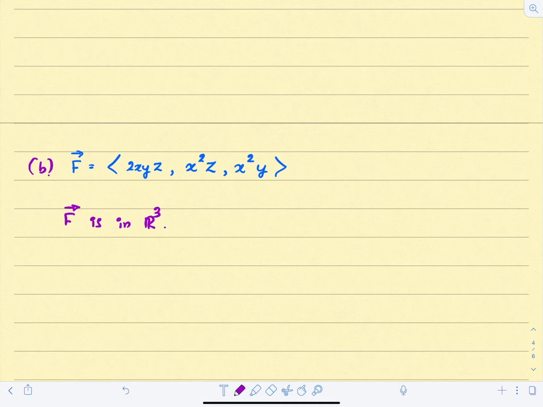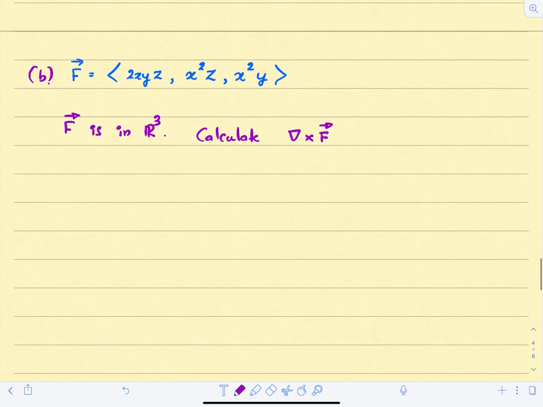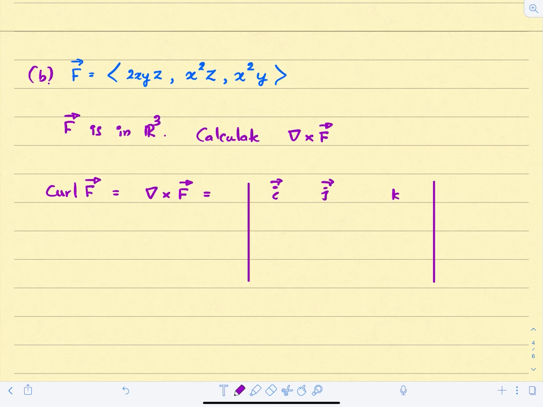Therefore, let's calculate the curl of this vector field. So curl of F equals gradient cross F. So this is a cross product. In the first row, we have the standard vectors i, j, and k.